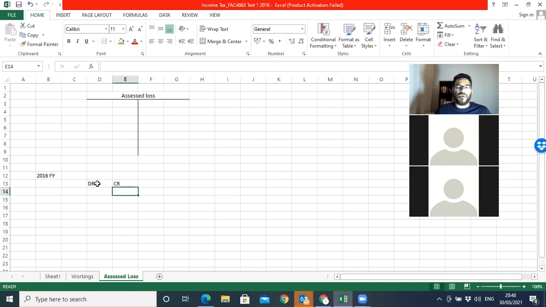So when we look at 31 December 2016, our deferred tax liability was 96,320. Therefore, the deferred tax asset for the assessed loss can be recognized to that limit. So now I can recognize an asset to the amount equal to our deferred tax liability. Recognizing an asset means we are increasing an asset. An asset increases on the debit side. So I say debit deferred tax asset.